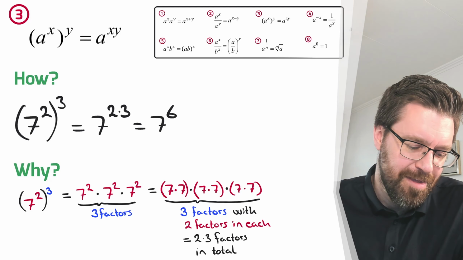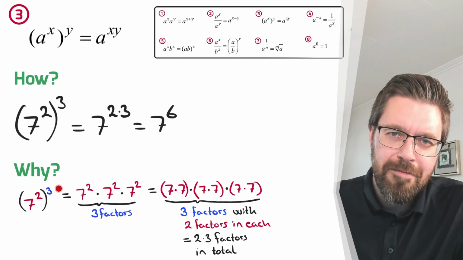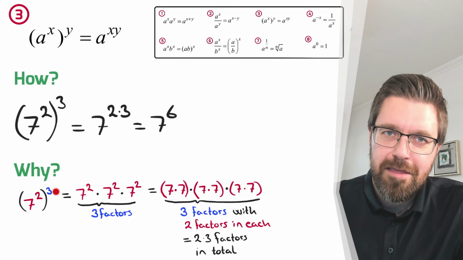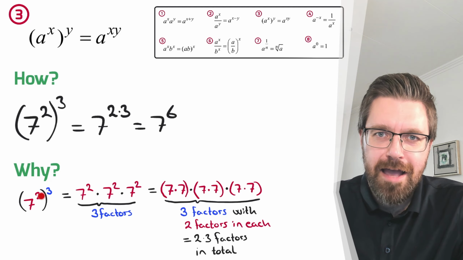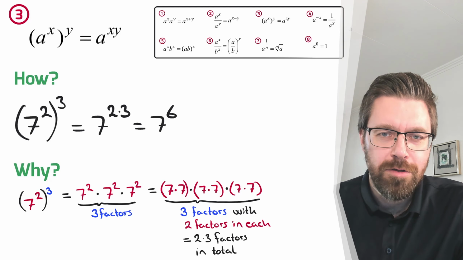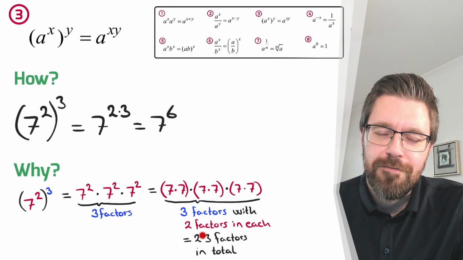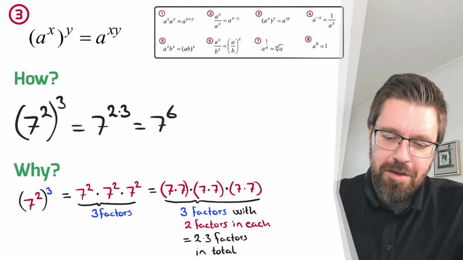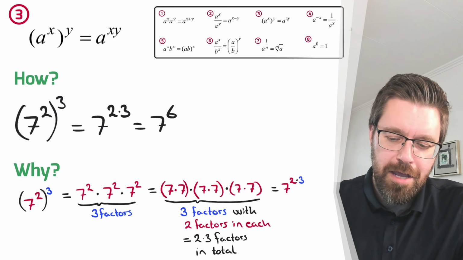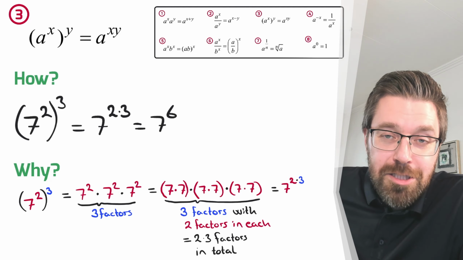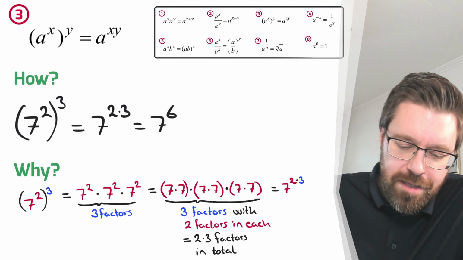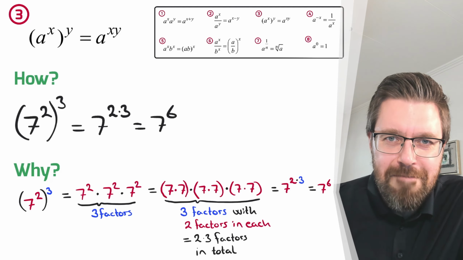So these numbers here, the exponents, tell us the 3 is the number of parentheses and the 2 is the number of factors inside the parentheses. And the total factors is the product of these numbers. So we got 6 sevens in total, 2 times 3, and then we can write it 7 raised by 6.